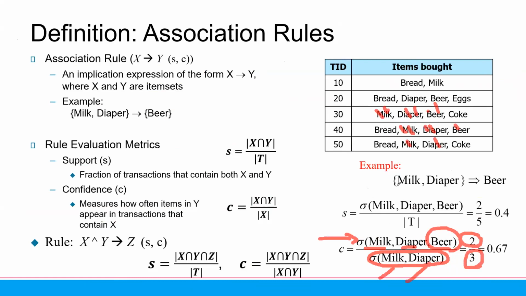So it means the probability that a person who bought milk and diaper will buy beer is 67%, because there are three transactions containing milk and diaper, and only two that contain milk, diaper, and beer. So I have a confidence of 67% that this product will be bought.